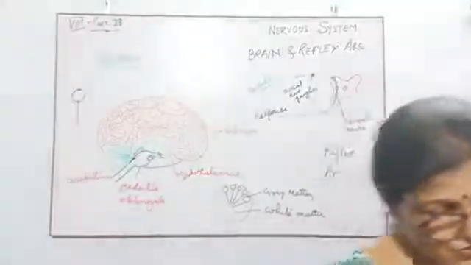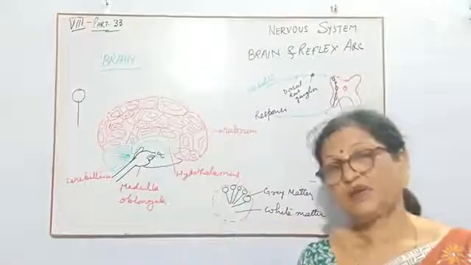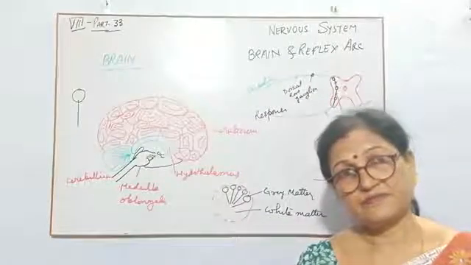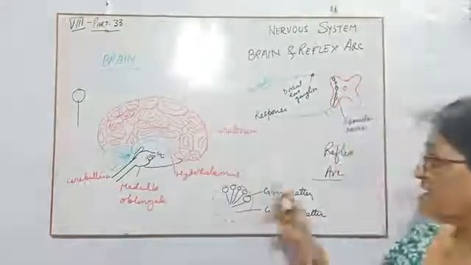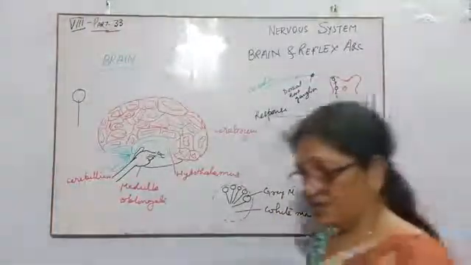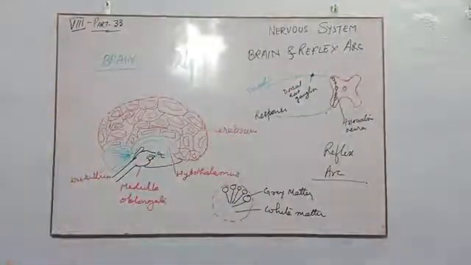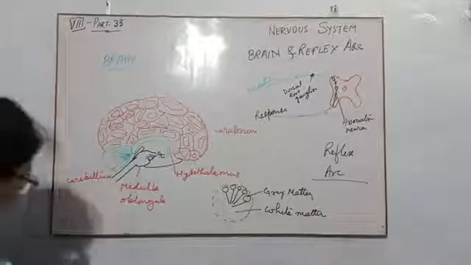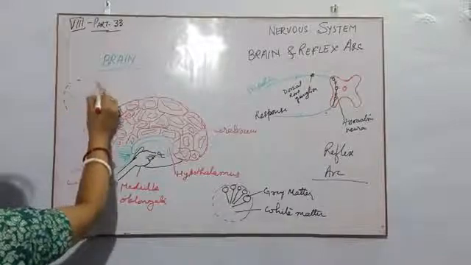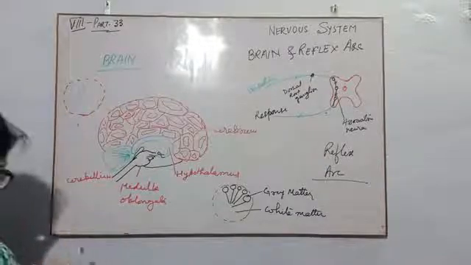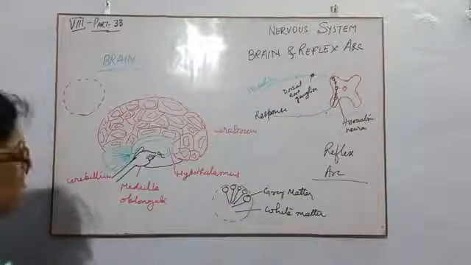Children, you are in 8th, you should know that the grey matter will be inside in the medulla and the white matter will be outside. Now I can show you how the neurons are arranged in the medulla and in the spinal cord.